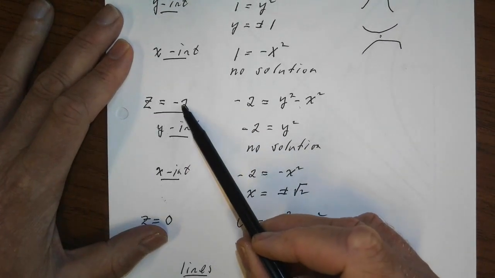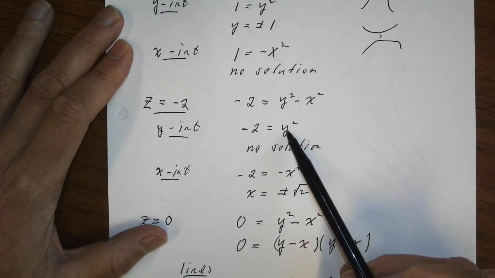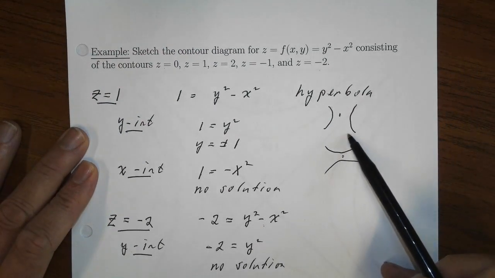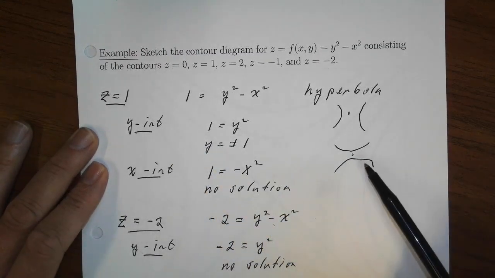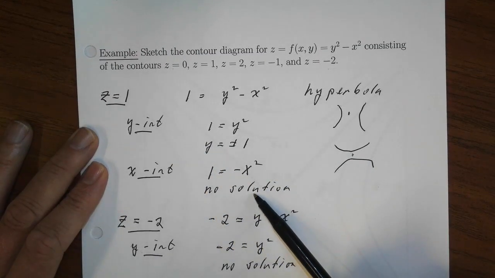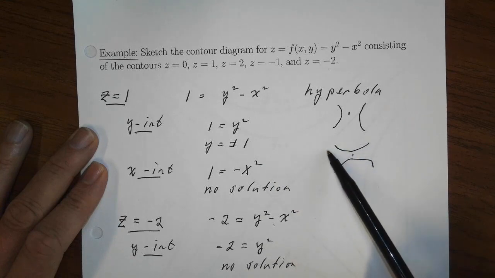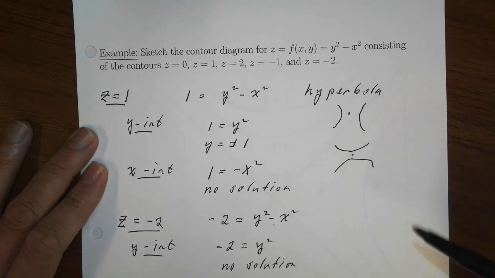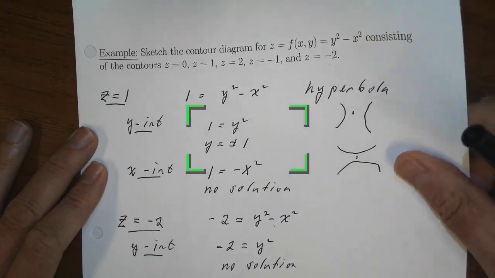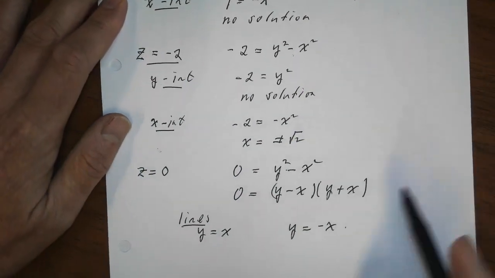Again, this contour has two x-intercepts, no y-intercept, so it's going to look something like this, whereas z equals 1 has no x-intercepts but two y-intercepts, which means the graph would basically look like this if this is the location of the origin.